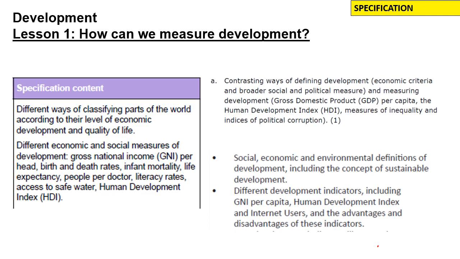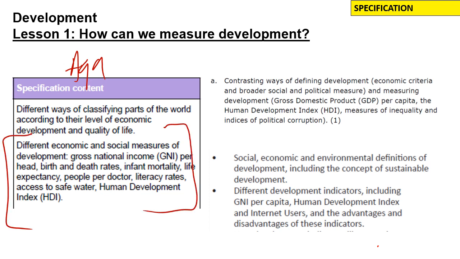Okay, how can we measure development? This lesson today does relate to all GCSE specifications. There is some difference in how the specifications want you to look at development, but this lesson will cover all of those. If you are in AQA here, over on the right, we will answer all aspects of the specification.